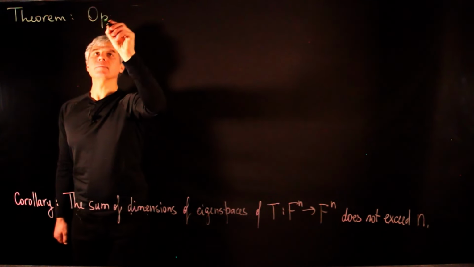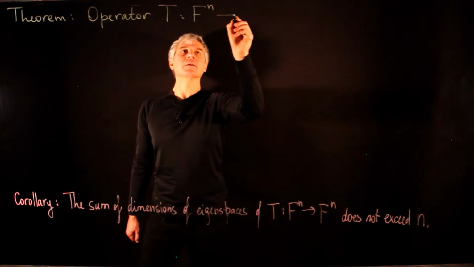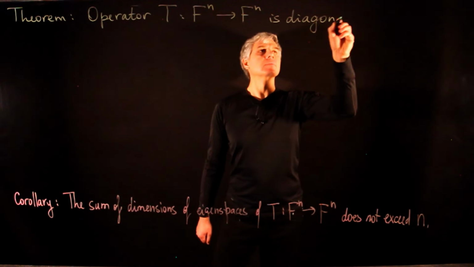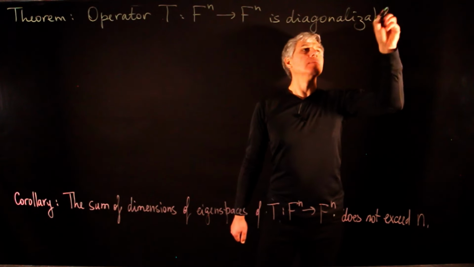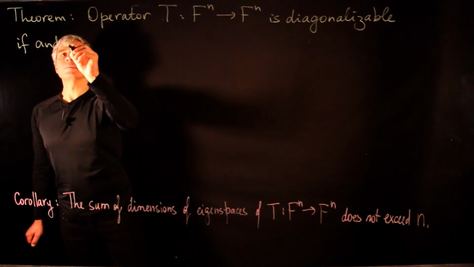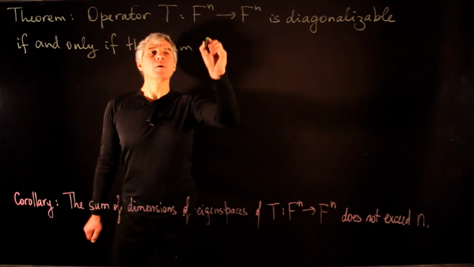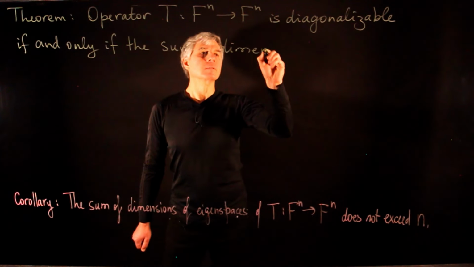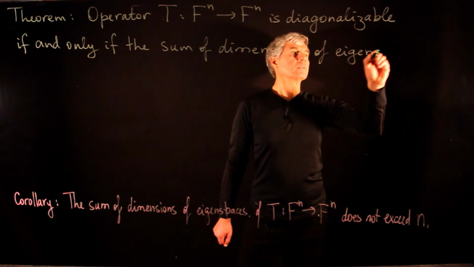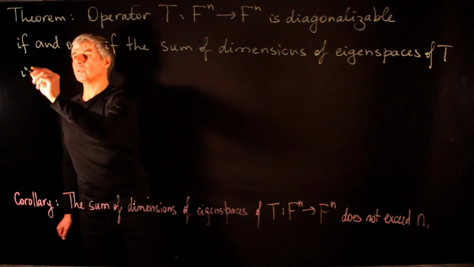that operator T from Fn to Fn is diagonalizable if and only if the sum of dimensions of eigenspaces of T is equal to n.